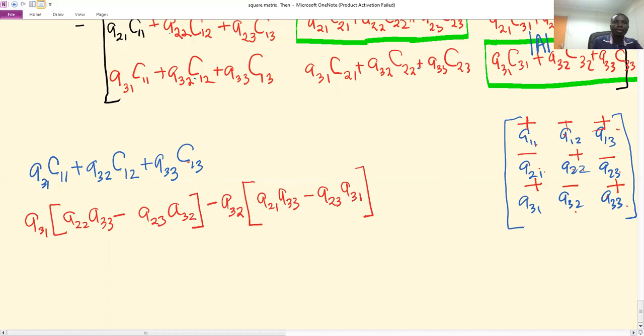And then 1, 3. 1, 3 is this position, so the sign is plus. So I'll have plus A33 into... delete this column, delete this row. Then we'll have this deleted, you have this submatrix. So we have A21, A32 minus A22, A31.